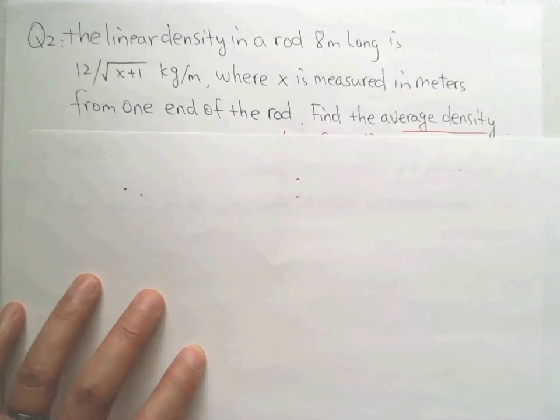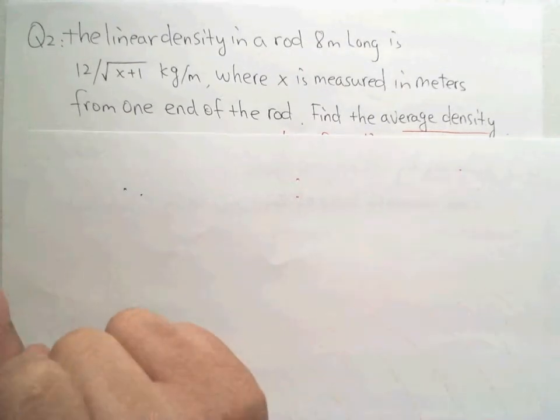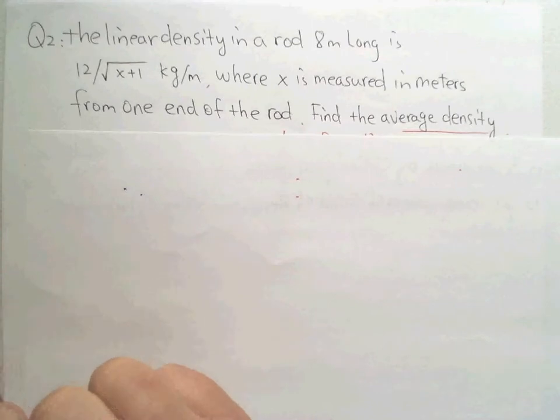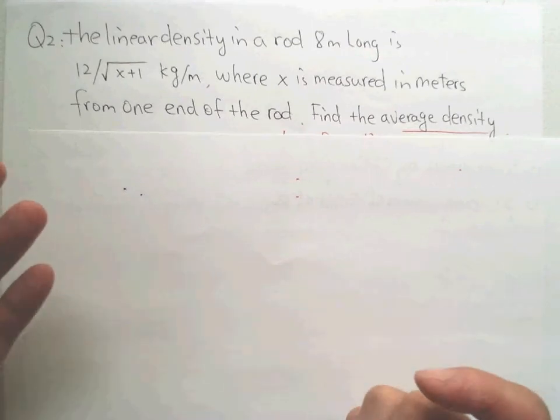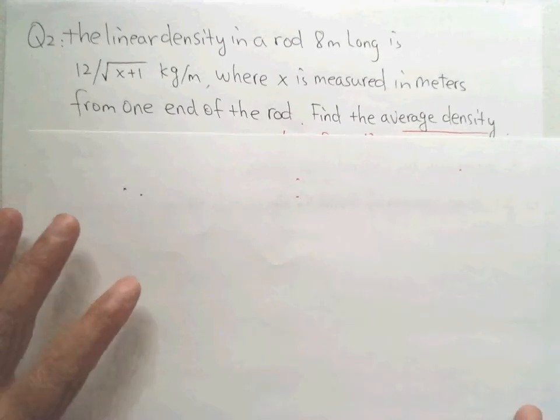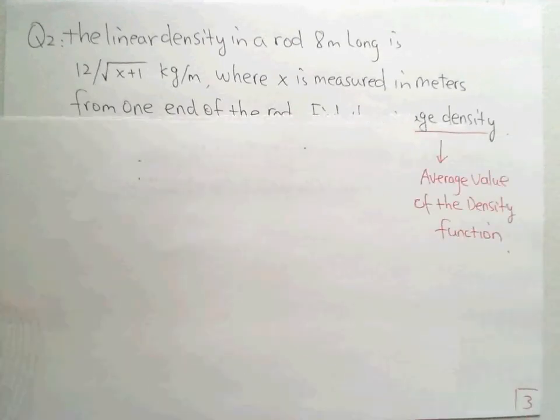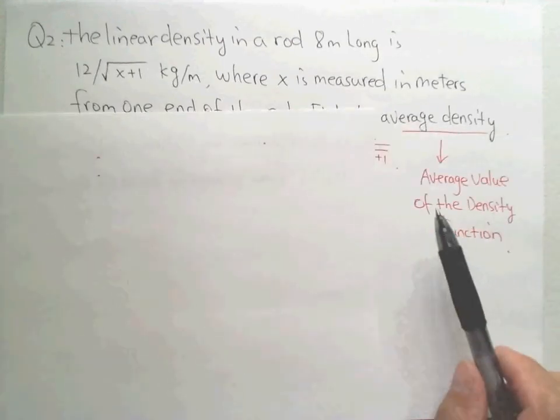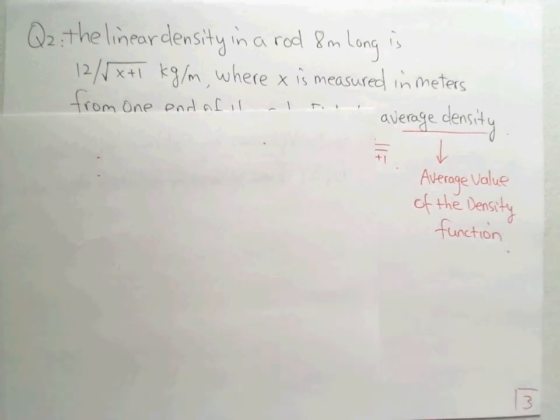I mean the density function changes along the rod. See, here is a bigger density, there is a smaller density. How do we find the average density? So you can imagine what the average density is. Average density is the average value of the density function.